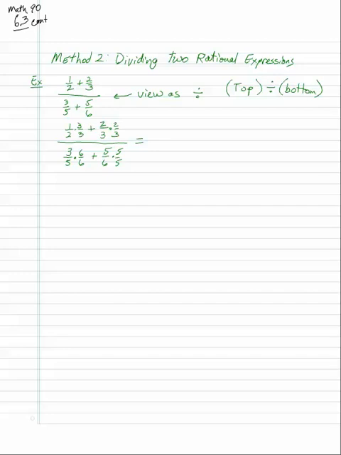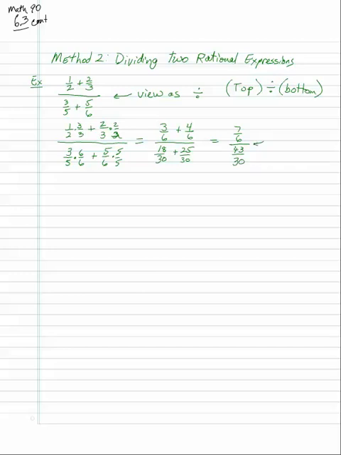So we're going to get on top 3/6 plus 4/6, which is 7/6. And on the bottom we got 18/30 plus 25/30, which is 43/30.